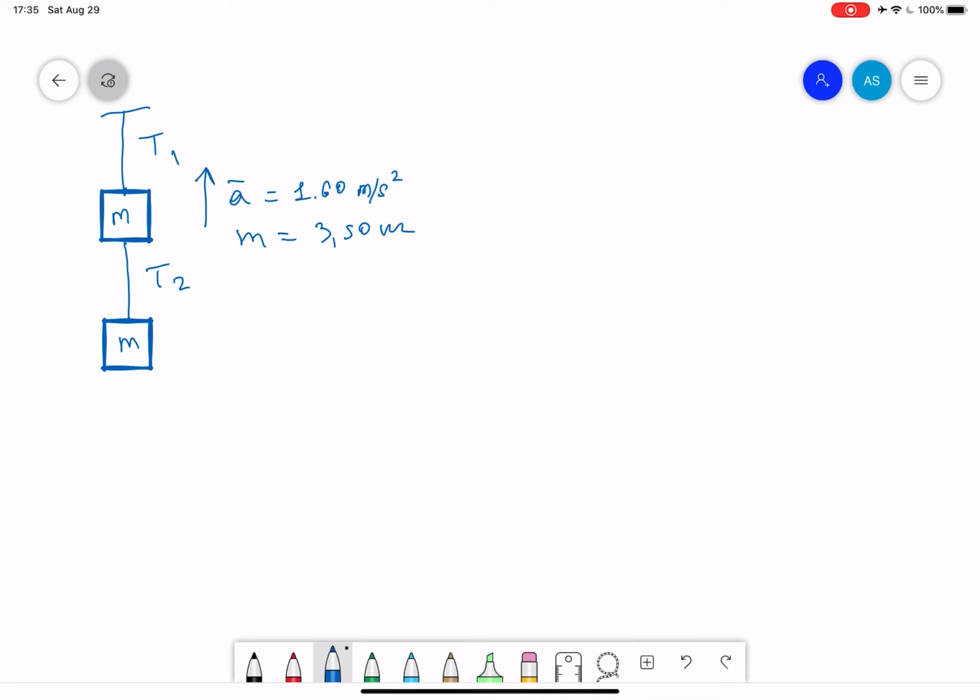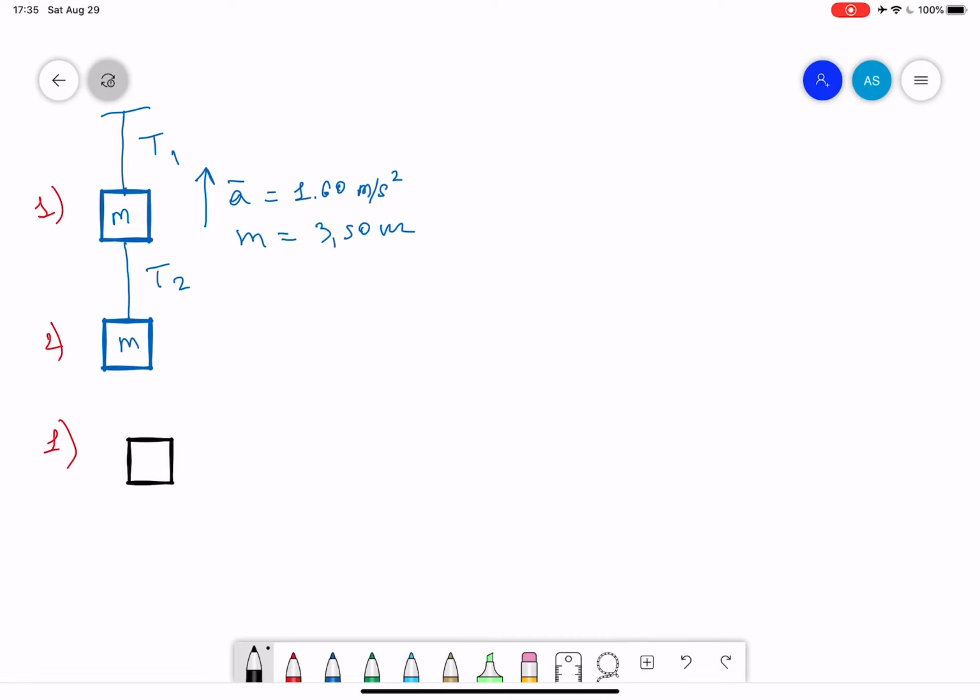So let's first of all solve part A. Now, let's draw a free body diagram for the two separate masses. So this one we'll call 1, which is the upper mass, upper box, and then 2 is the lower box. For the first one, what do we have?